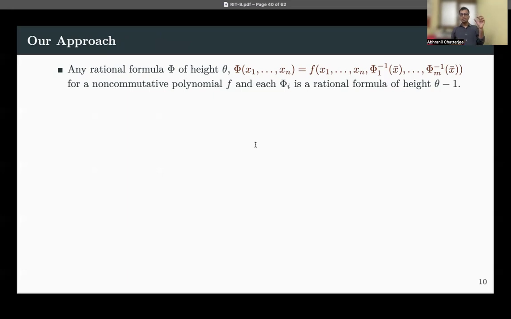So any height theta formula is a composition of a polynomial and inverses of formulas of height theta minus 1.